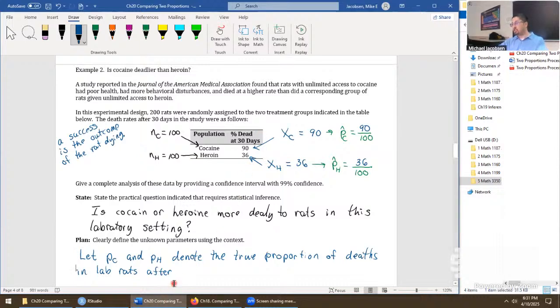So I'm going to paraphrase it just a little bit and just say unlimited access to the particular drugs that were used. You don't have to mention every bit of it when you write out your parameter.